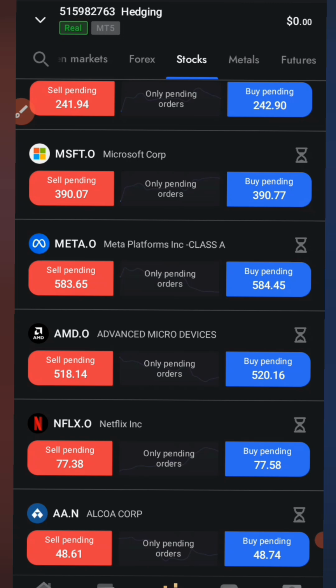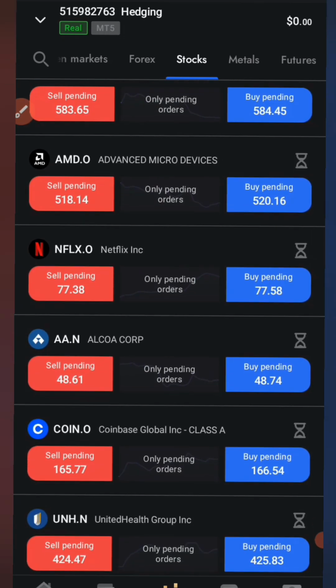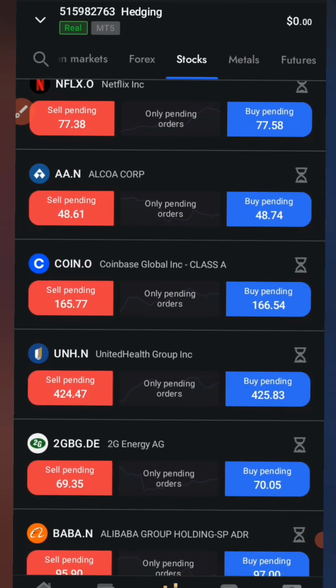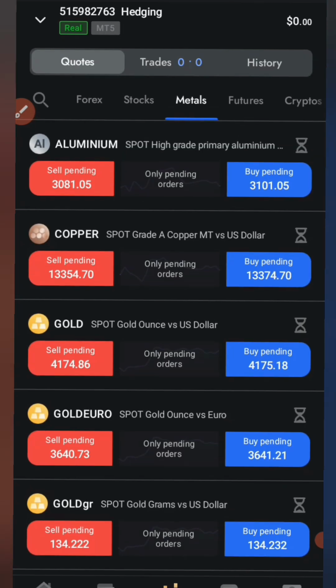You can also trade on Netflix, Coinbase and United Health Group. These are stocks that you can trade upon. So if you want to trade on stocks, you can either choose Amazon or other things.